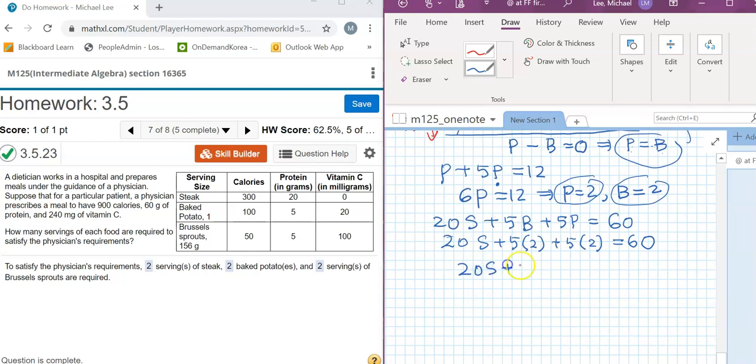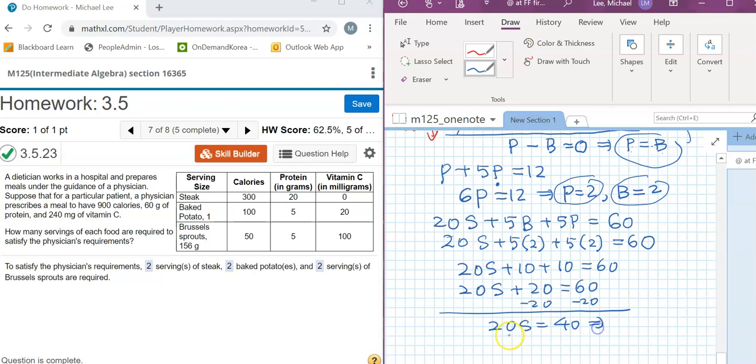20S plus 10 plus 10 equals 60. That means 20S plus 20 equals 60. So when you subtract 20, I have 20S equals 40.